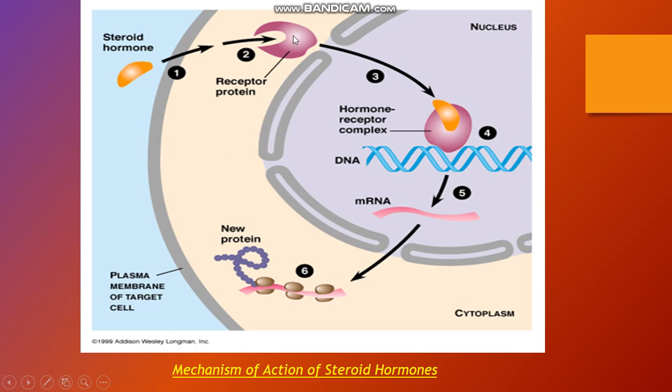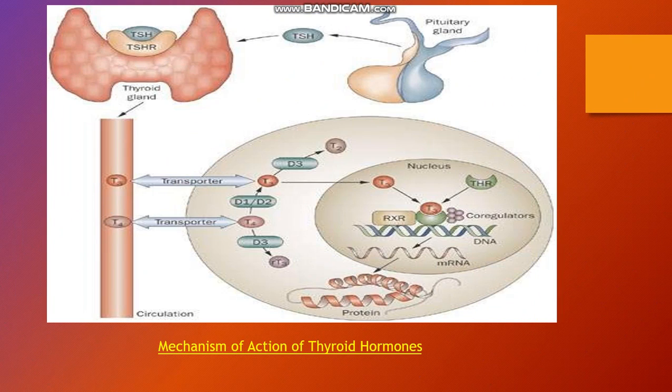Steroid hormone comes, this is the receptor, key lock position, then it comes here and it attaches to the hormone receptor complex on the DNA. And now as a result of that, messenger RNA is formed, they go into the cytoplasm, then plasma membrane, and they cause the various protein formation.